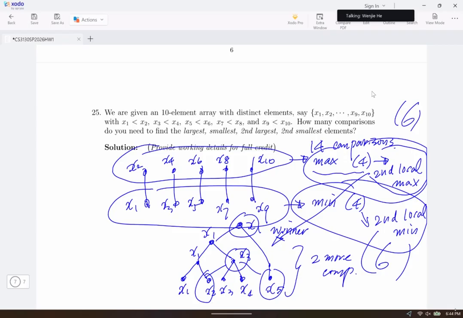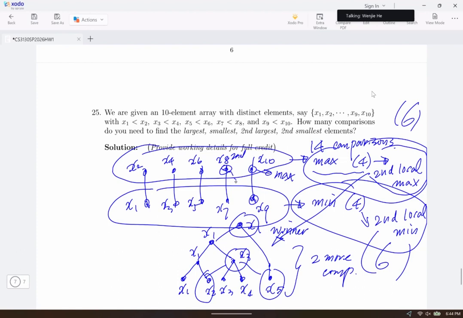Second local max, not global. Suppose this is max, and this is second local max. But this one, the loser under the max, is also a candidate for second, right?